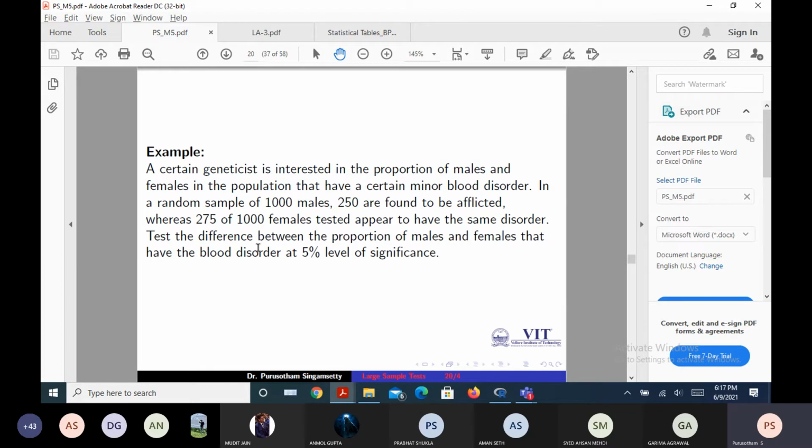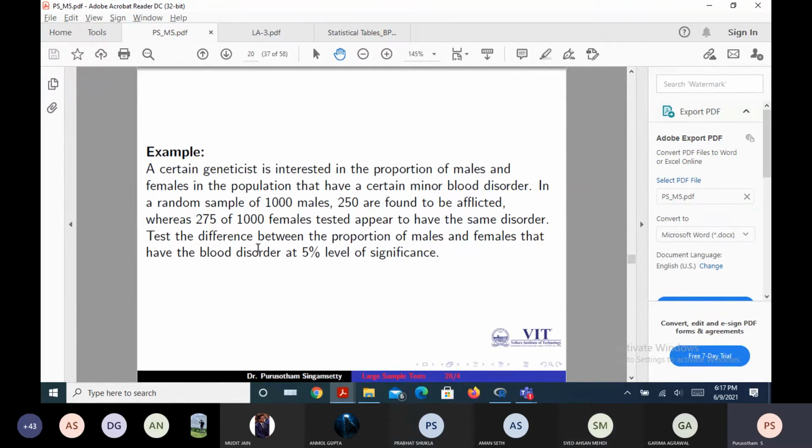In another sample of 1,000 females, 275 infected. Do you think that the population contains only 2,000 people? No, sir.